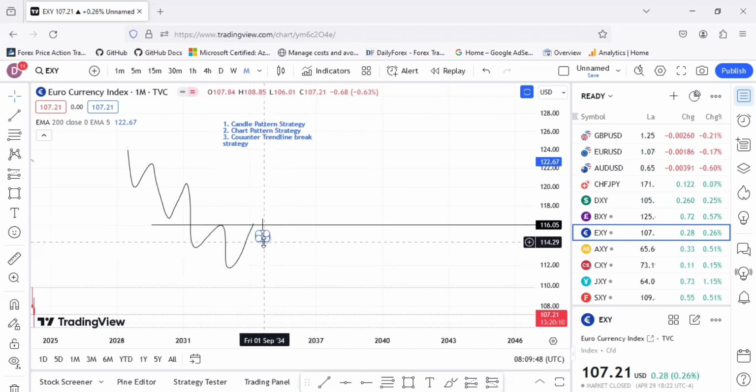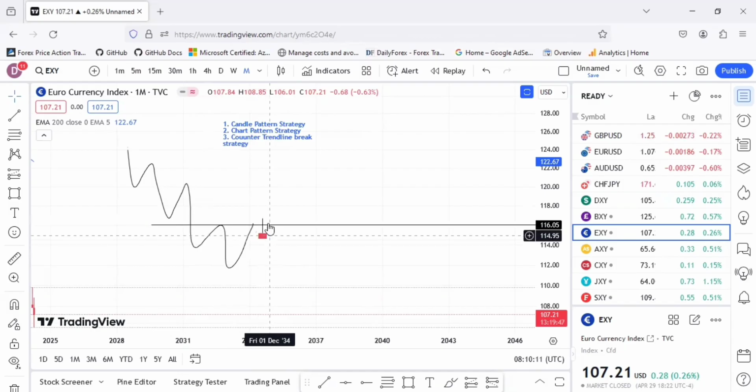That means the sellers have rejected the price from here. The price has been rejected here and the sellers have taken over. So when you see this particular candle formation at your resistance, you don't need to waste any time. You know you have to sell, that this market is going to go down.